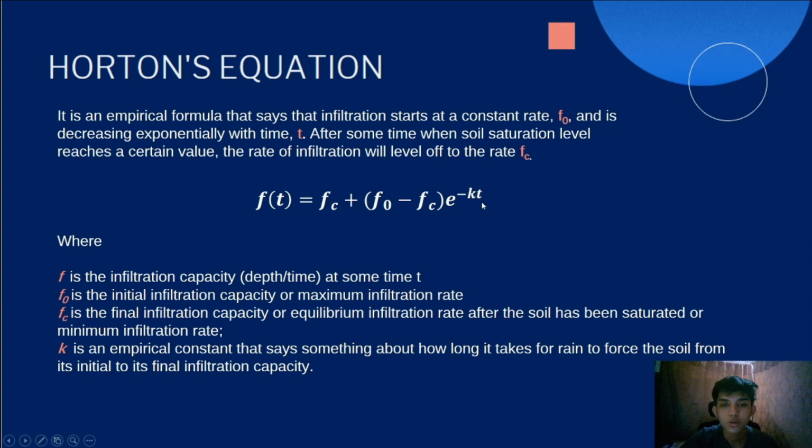So we have this equation proposed by Mr. Horton. f of t is equal to f sub c plus f naught minus f sub c multiplied by e raised to negative kt, where f is the infiltration capacity depth over time at some time t. f naught is the initial infiltration capacity or maximum infiltration rate. f sub c is the final infiltration capacity or equilibrium infiltration rate after the soil has been saturated, or minimum infiltration rate. k is an empirical constant that says something about how long it takes for rain to force a soil from its initial to its final infiltration capacity. And of course, t is the time.